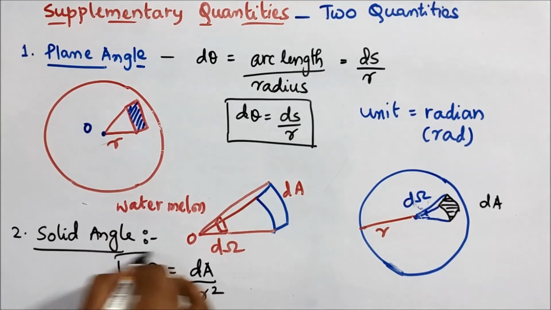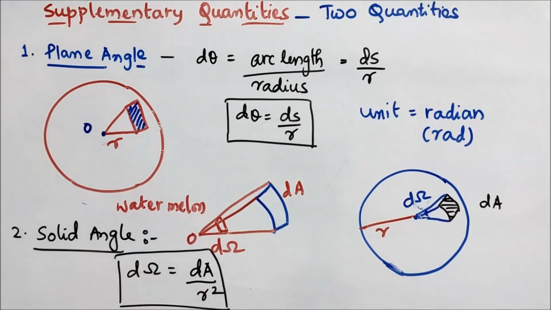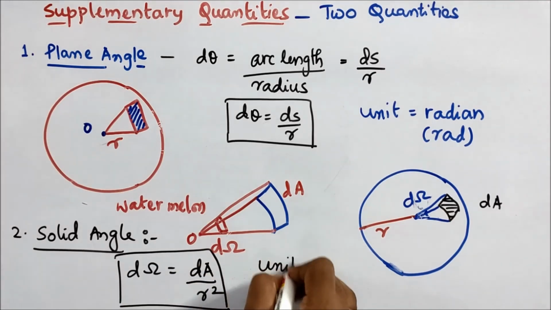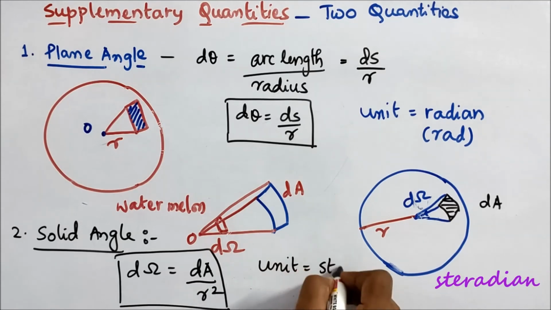This is how the solid angle is represented. The unit for the solid angle is steradian.